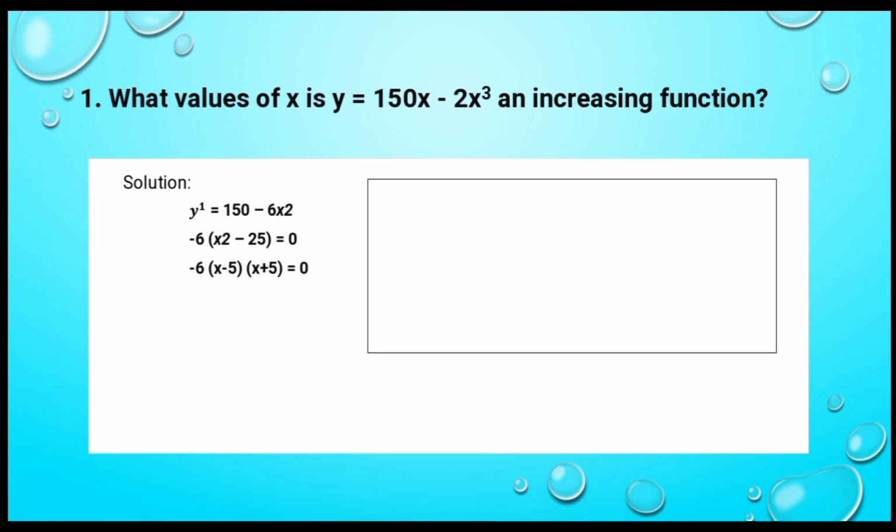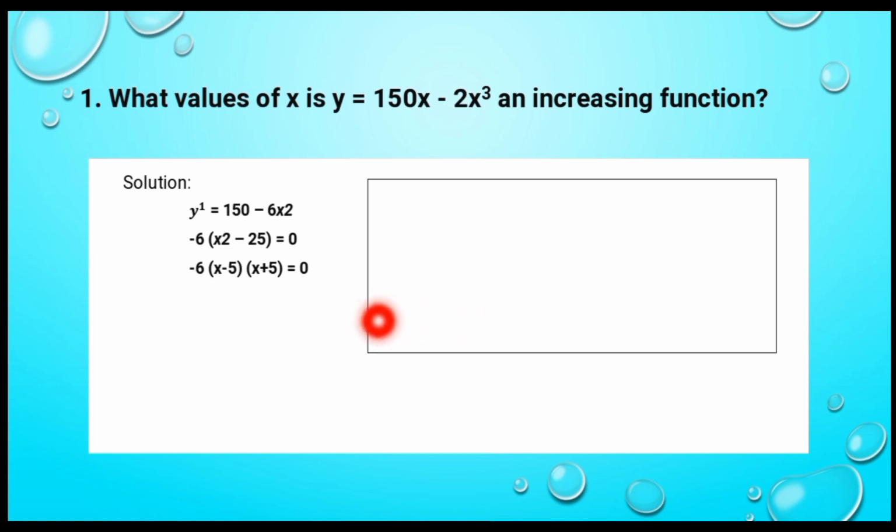Then to get the values of x in the equation, we need to factor again. So we have the result negative 6 times the quantity x minus 5 times the quantity x plus 5 is equal to 0.